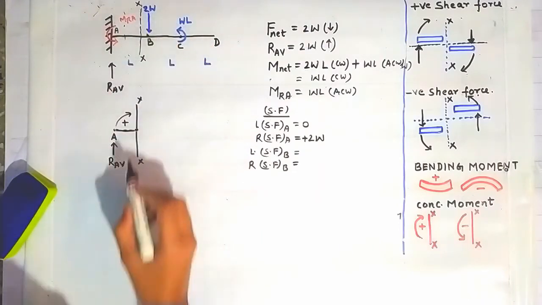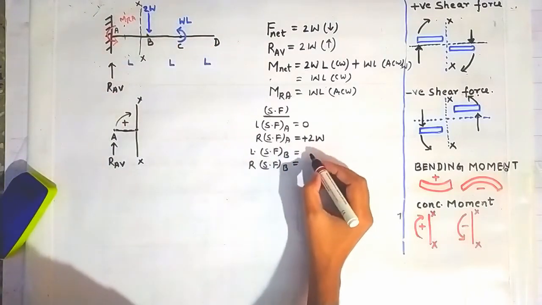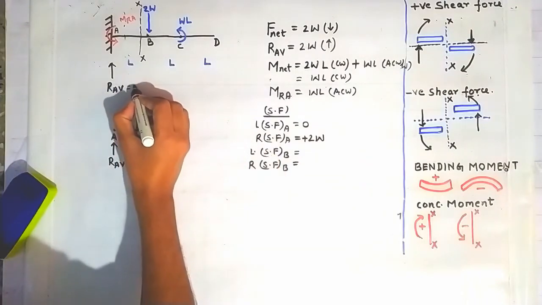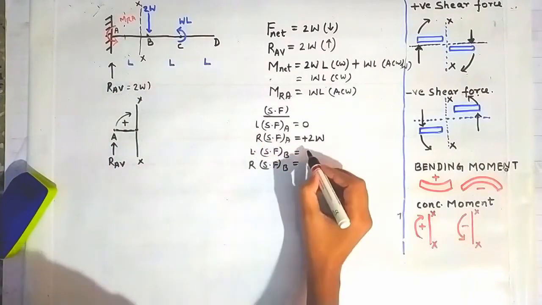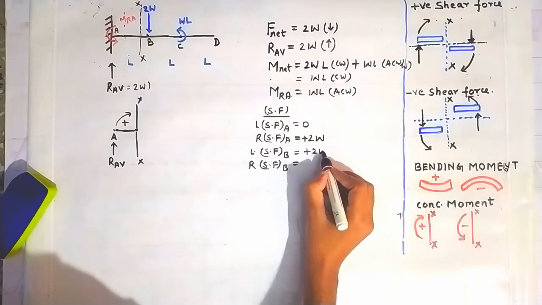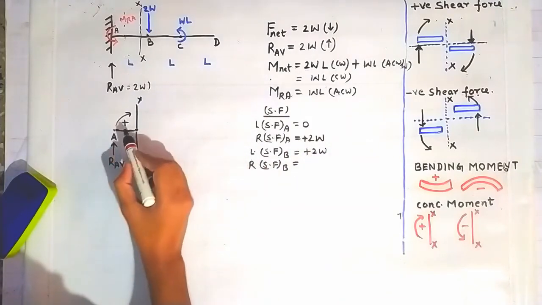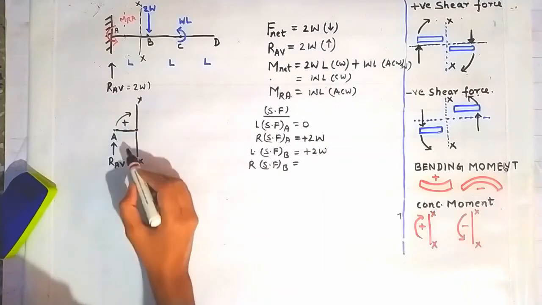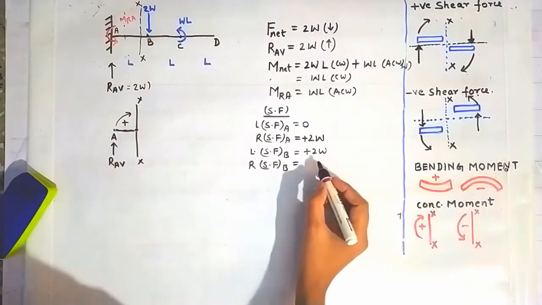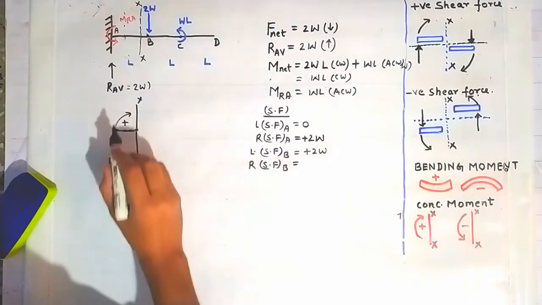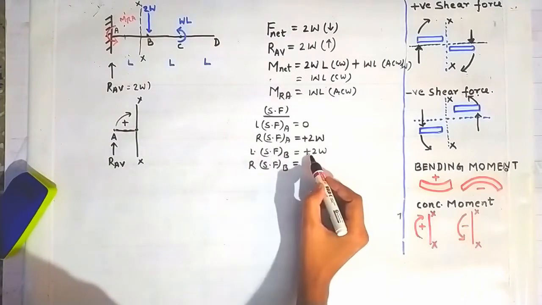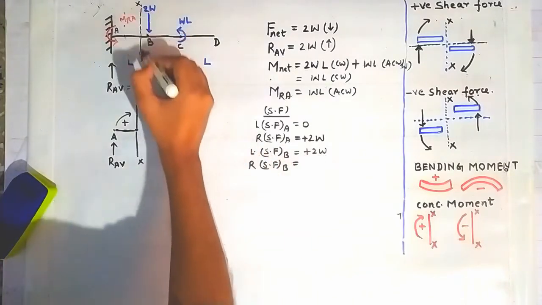So this RAB, which is equal to 2W, gives us a shear force of plus 2W. Why plus? Similar condition, because the sign convention is taken as positive for clockwise rotation. So it will only account for 2W shear force about this section XX because of this reaction RAB.